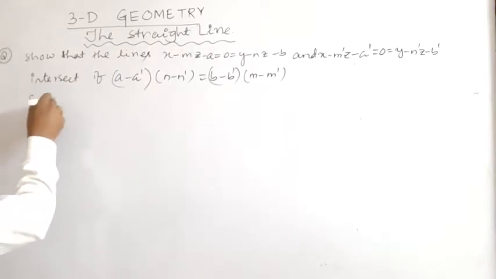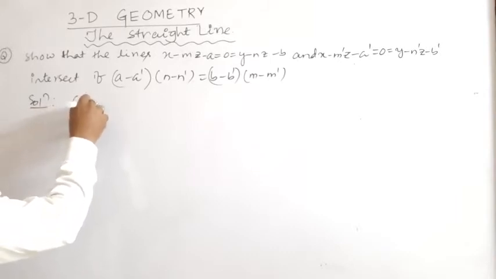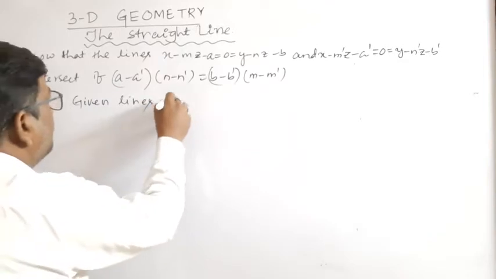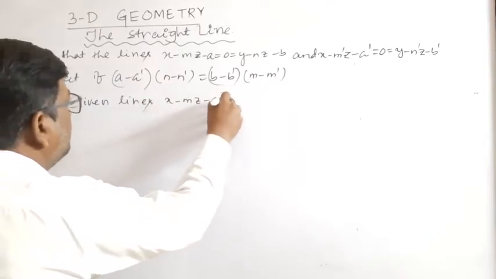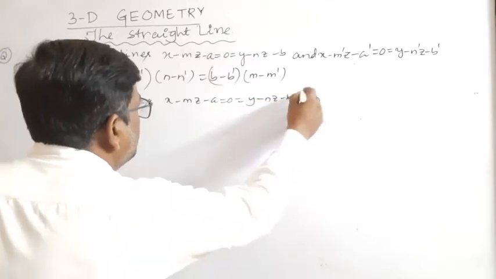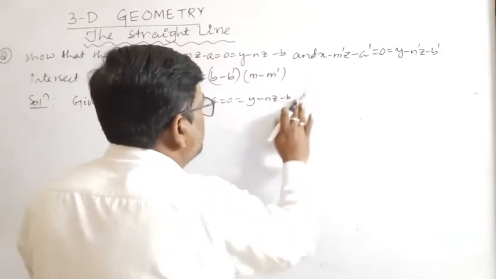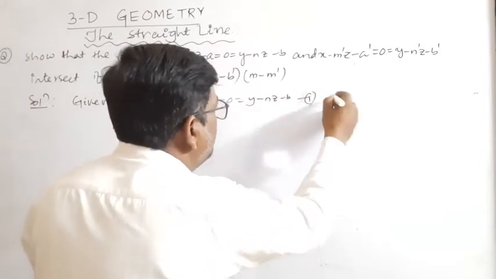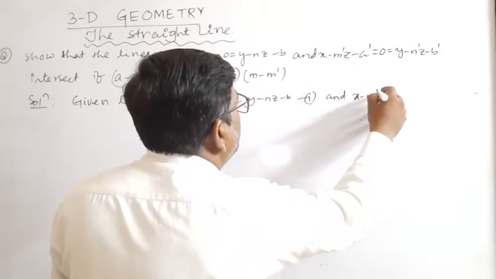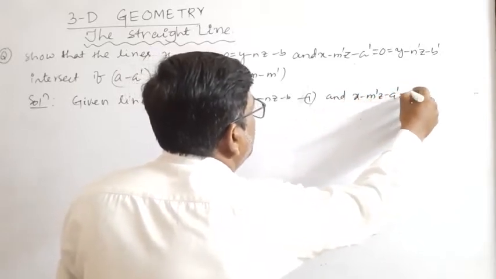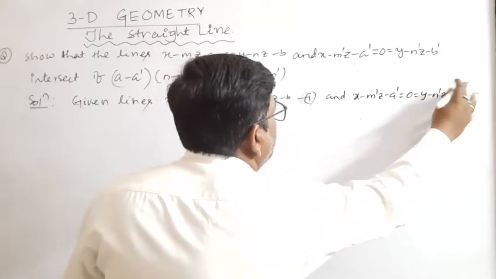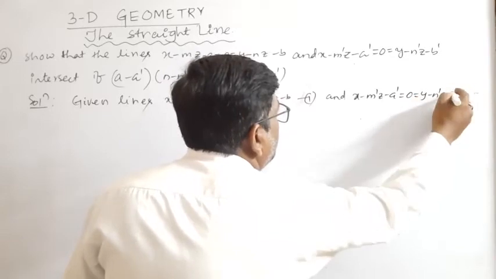Solution. Given lines, that is x minus mz minus a is equal to 0 is equal to y minus nz minus b, this is equation 1, and x minus m dash z minus a dash is equal to 0 is equal to y minus n dash z minus b dash, equation 2.